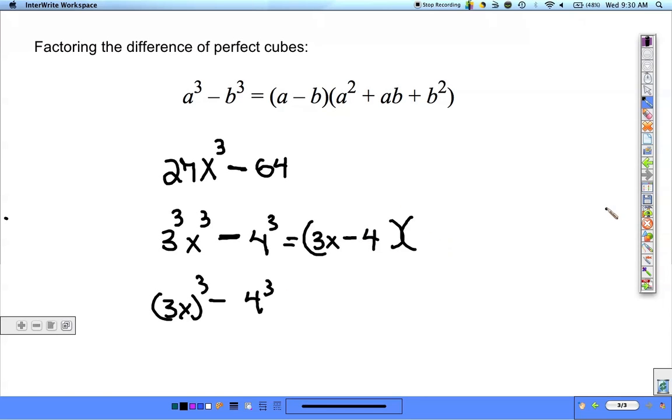Then in our trinomial, we have whatever the a term was squared, so 3x squared, plus our a term times our b term, so that was 3x times 4, and I'll just leave it as that. I will simplify it later. And then finally, we have our b term, which is 4, and we want to square that.